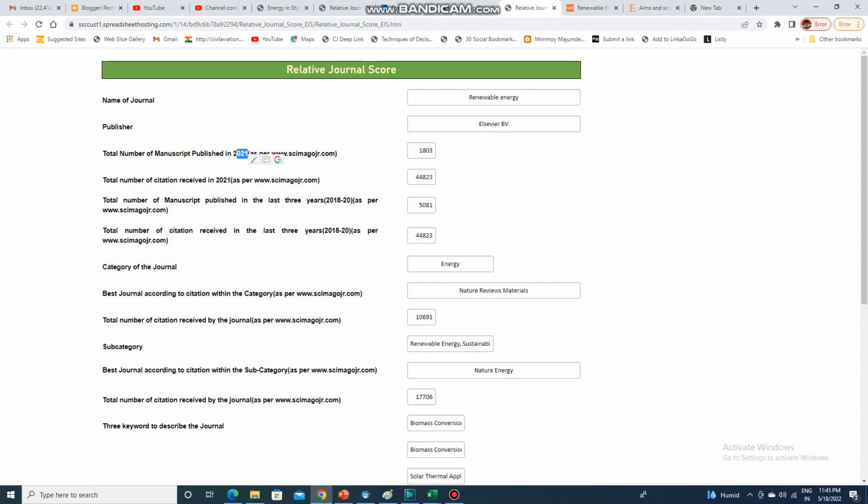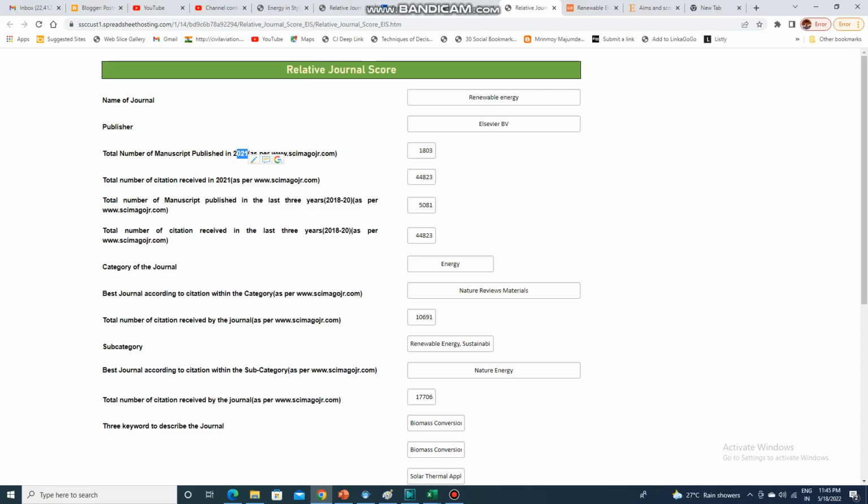I am sorry, it is not 4 but 3 metrics that are used, and these 3 metrics have 3 different weightages which are used to calculate a weighted average of these ratios to find the relative journal score.